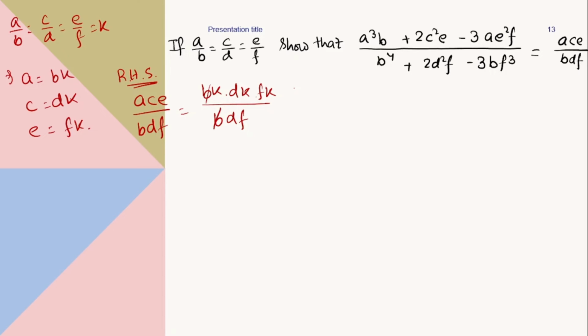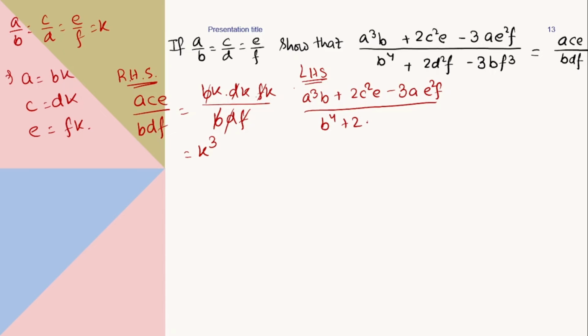So B cancels out, D cancels out, F cancels out, so it remains K cube. Okay, then the second part, LHS comes. Here it is A cube B plus 2C square E minus 3A E square F, divided by B power 4 plus 2D square F minus 3BF cube.